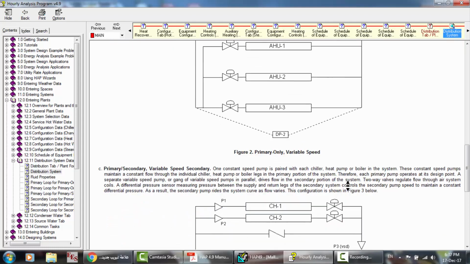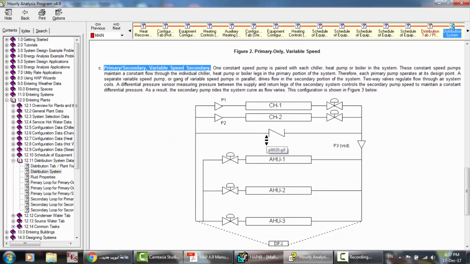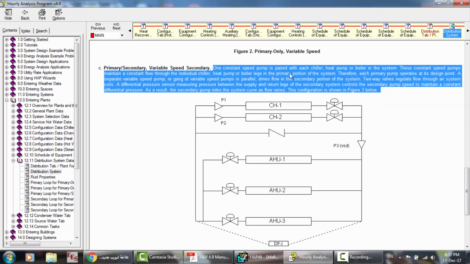Okay. Also, the third, we have primary, secondary, variable speed, as you see, secondary. One constant speed pump is paired with each chiller, heat pump, or boiler in the system.